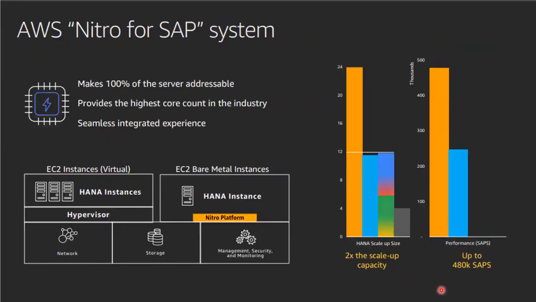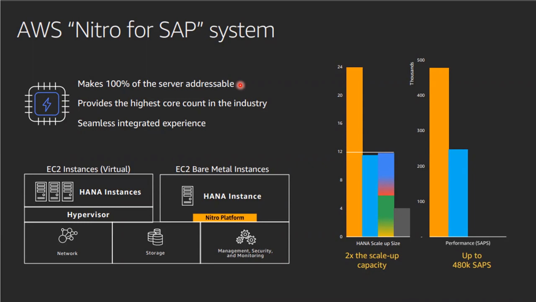Right. Let's talk about AWS Nitro system for SAP system. So Nitro systems, as I mentioned earlier, allow you to make full utilization of your underlying hardware, which gives you a performance boost. It provides the highest core count in the industry, and a seamless integration experience is also possible for the SAP workload.